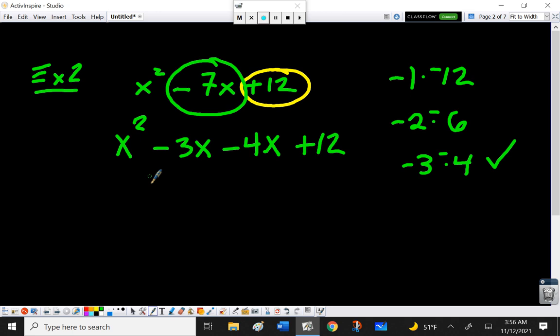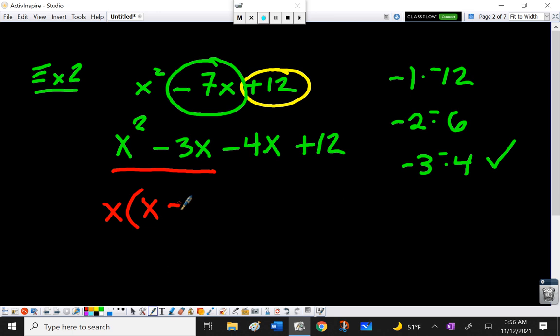And now we're going to look for the greatest common factor. In the first, it turns out that that's going to be x. We'll be left with x minus 3. And the greatest common factor here, and this is where we've got to be really careful, especially with negatives, we're going to factor out a negative 4.